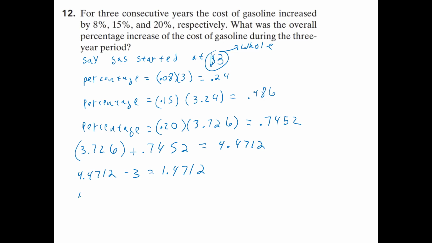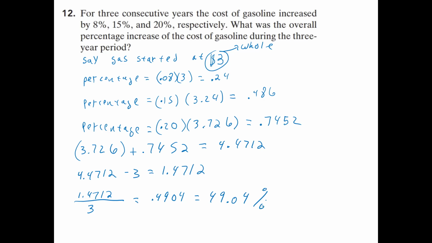And so we're going to take 1.4712 divided by the original price, which was $3. And this will be our percent. And I get 0.4904, which is 49.04%.